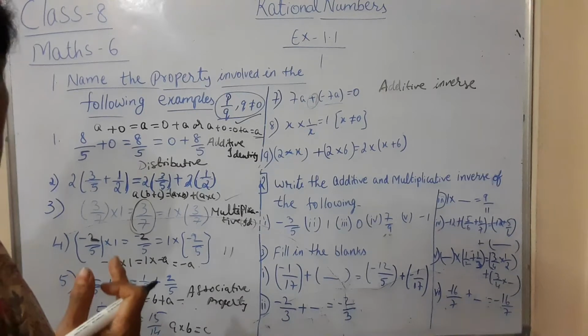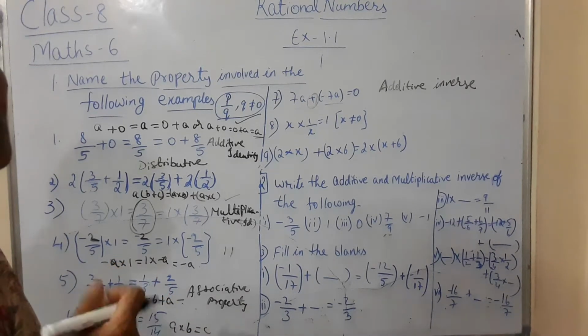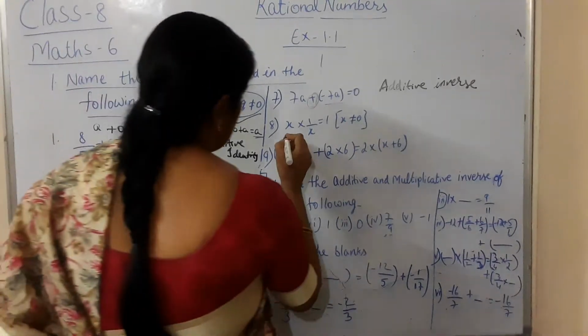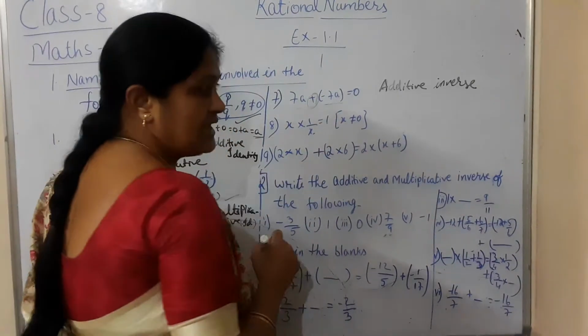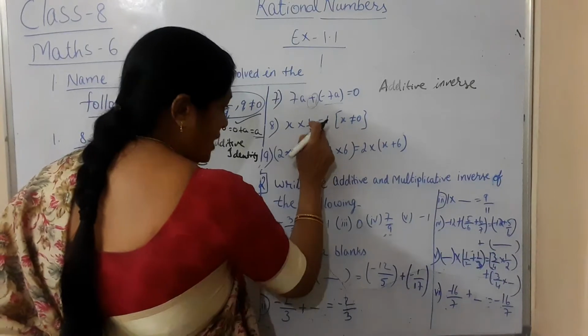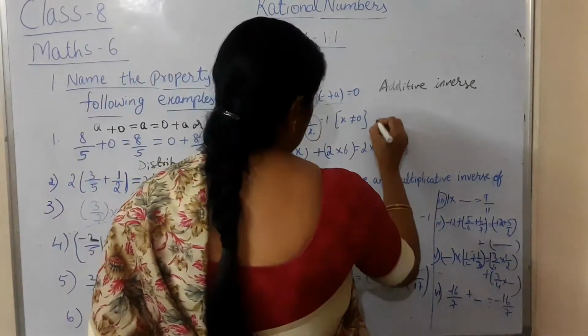What is the inverse of x? 1 by x. What is the inverse of 2? 1 by 2. What is the inverse of 3? 1 by 3. In the same way, the inverse of x is 1 by x. So x gets cancelled and you will be left with only 1. So x into 1 by x is called this. 1 by x is called what? Multiplicative identity.